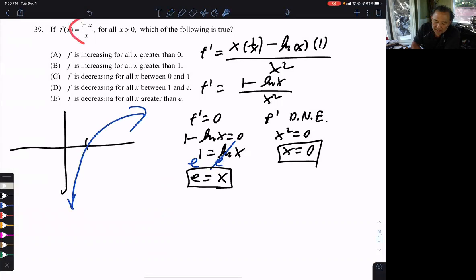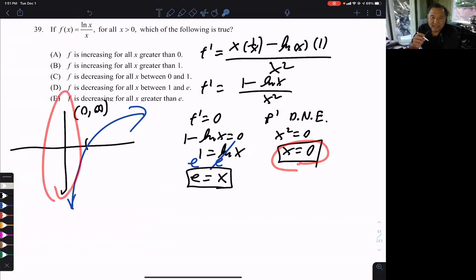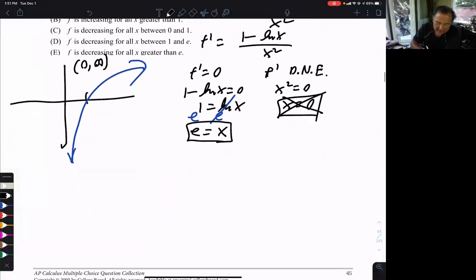So this function has the domain between 0 and infinity. So 0 cannot be a critical point because it doesn't even exist on the original graph. If it doesn't exist, how can it be a critical point? So we could ignore that. So we only have one point of interest, e.